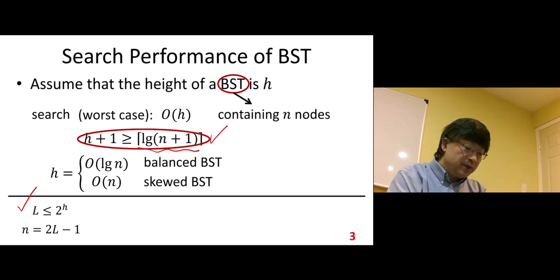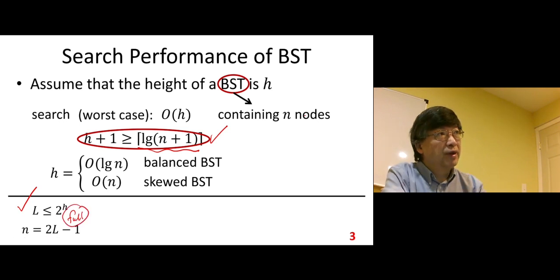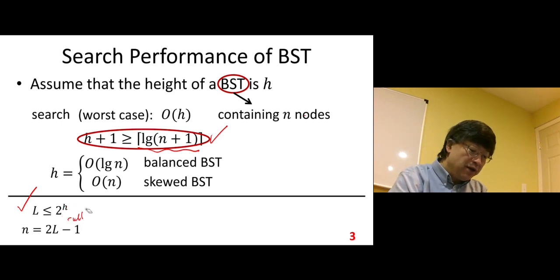Then remember this one, because this formula is for a full binary tree: 2L minus 1. But we can get things like this.